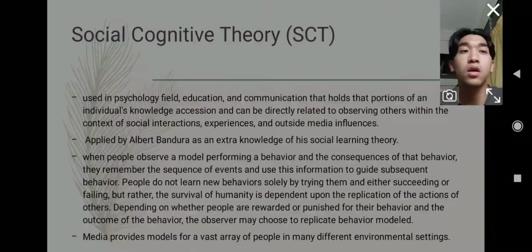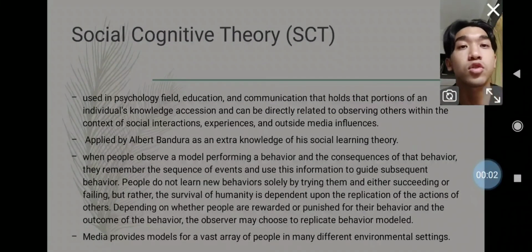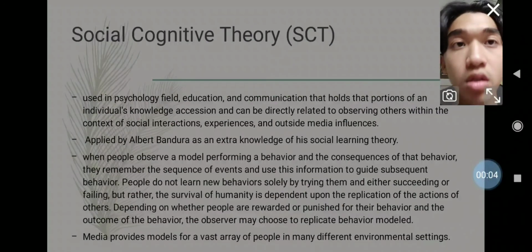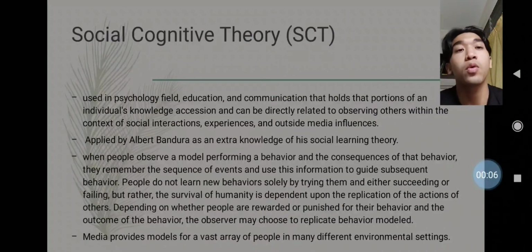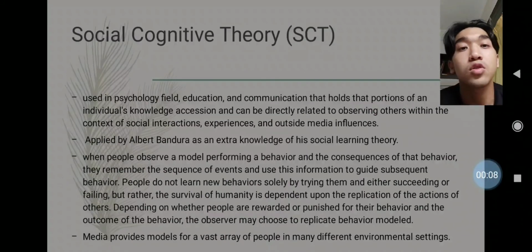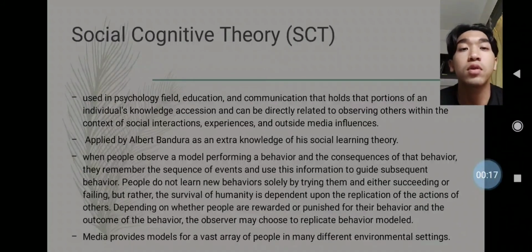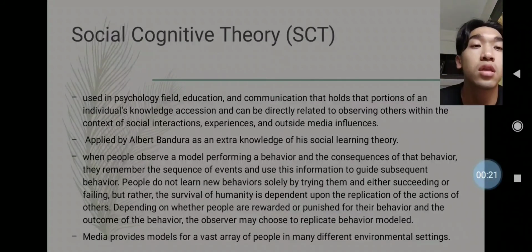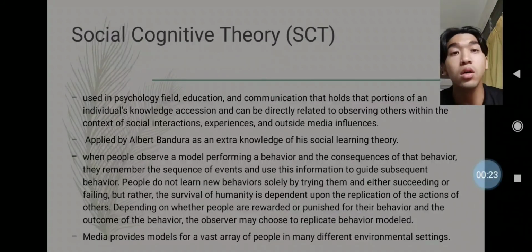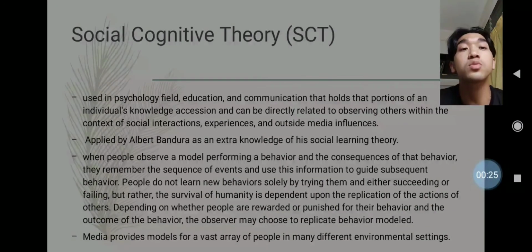Okay, for the next topic, we will talk about social cognitive theory, or SCT. SCT is used in the psychology field, education and communication. It holds that portions of an individual's knowledge acquisition can be directly related to observing others within the context of social interaction, experience and outside media influence.